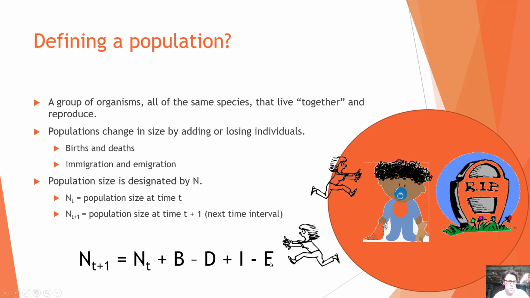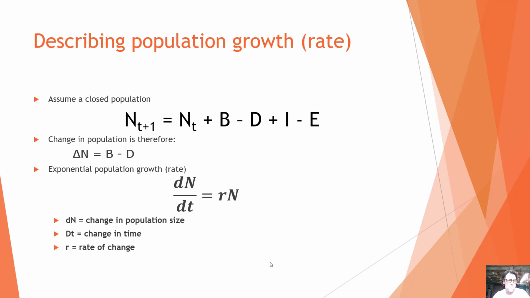So that's pretty simple. And let's assume that the population is closed. We talked about this a little bit with estimating populations, that you have to assume no immigration or emigration. In that case, the change in population is equal to births minus deaths.